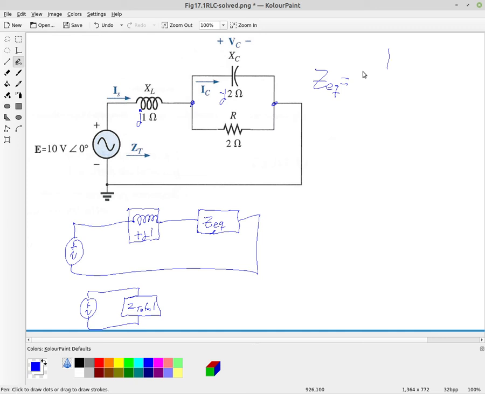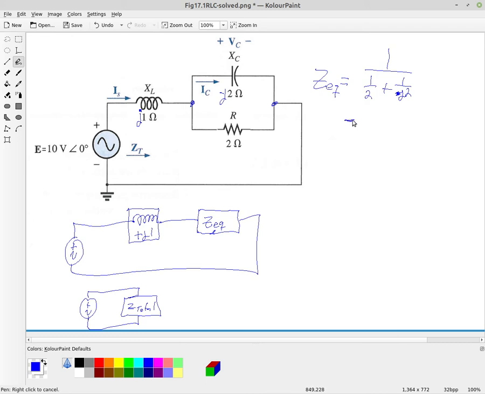All right, so we're going to get a 1 over 2 ohms plus 1 over a minus 2 J ohms. Okay, so we got this minus J on this side now.